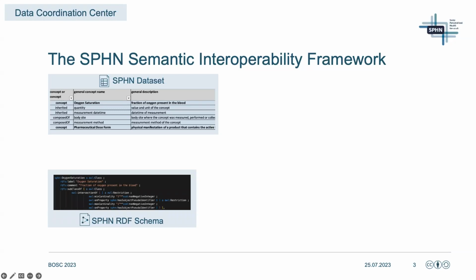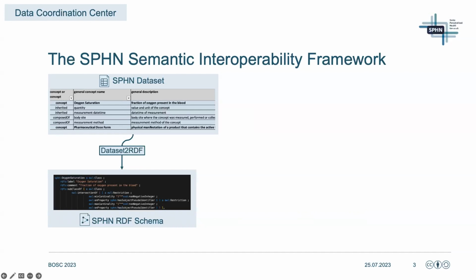While initially this was a manual and tedious process, the Dataset to RDF is a tool that has been developed to facilitate the transformation of the SPHN dataset into the SPHN RDF schema automatically.